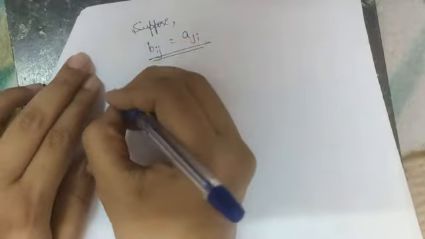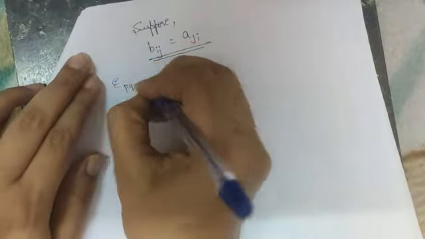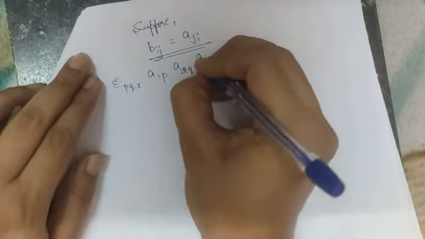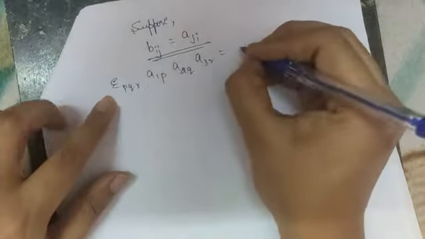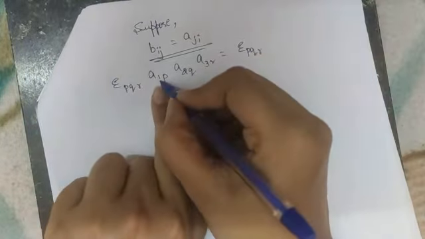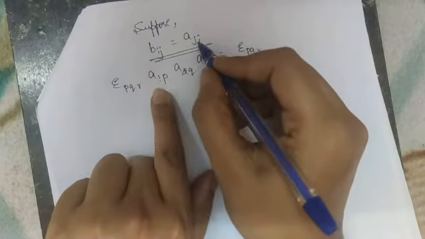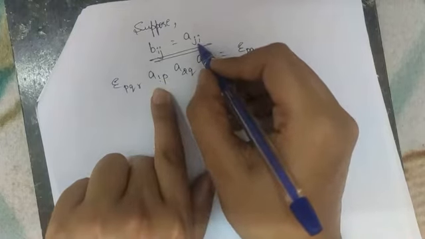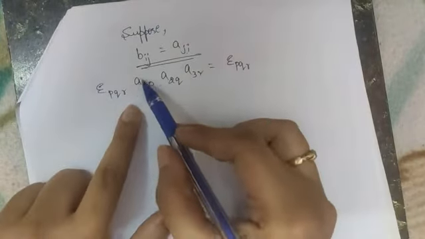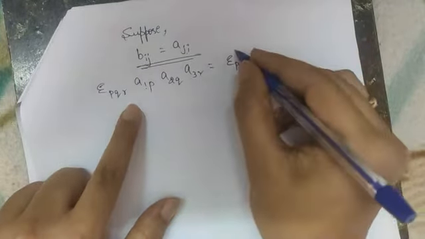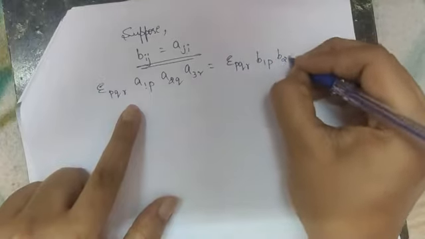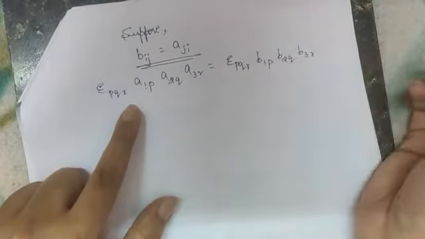Now your epsilon PQR A1P A2Q A3R will become epsilon PQR, and in the place of A1P I have to write B. By changing the vector A to B, we can write epsilon PQR B1P B2Q B3R, right?